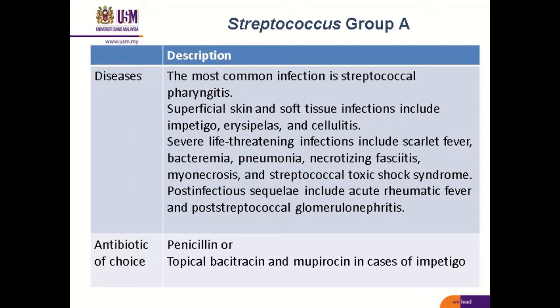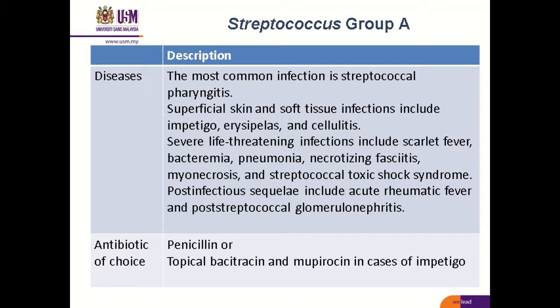It causes severe life-threatening infections, including scarlet fever, bacteremia, pneumonia, necrotizing fasciitis, myonecrosis, and streptococcal toxic shock syndrome. It can also cause post-infectious sequelae, including acute rheumatic fever and post-streptococcal glomerulonephritis.